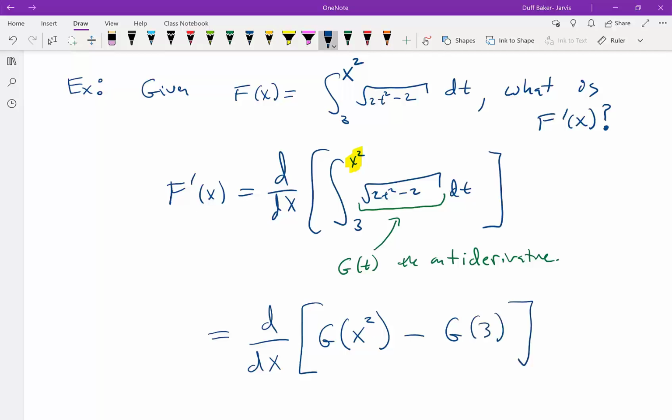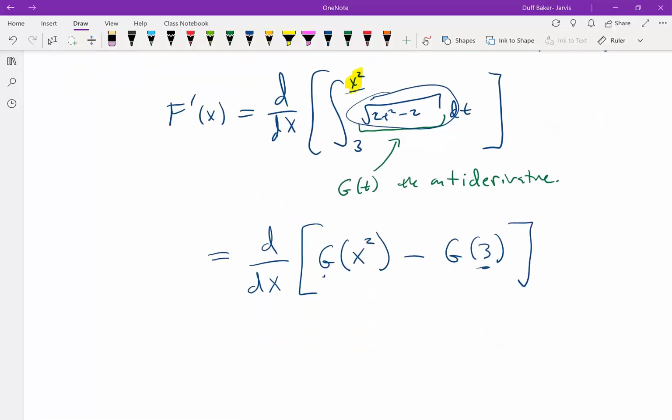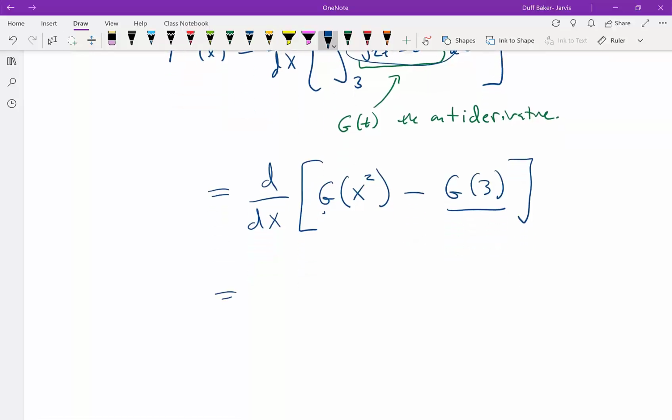Remember the steps: you find an antiderivative of whatever's in here. That thing was G. Then you plug in the top bound, so I plugged x squared in. Then plug in 3, right? Now G is just some function. If I plug 3 into any function, it's just going to give me a number out. So the derivative of the second part is just 0. But what about the derivative of the first part?